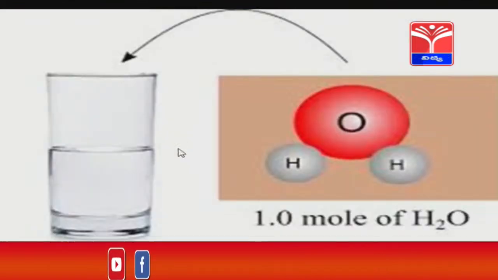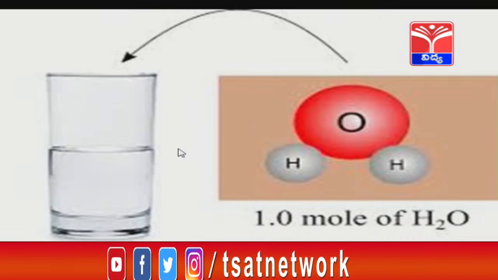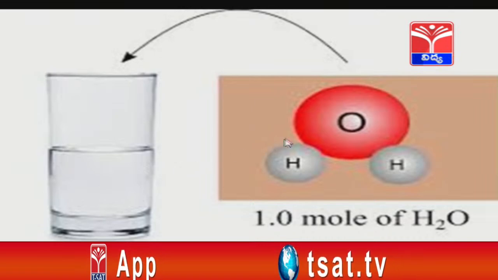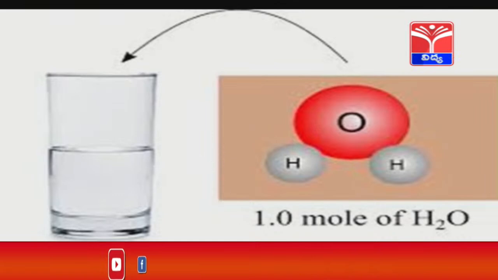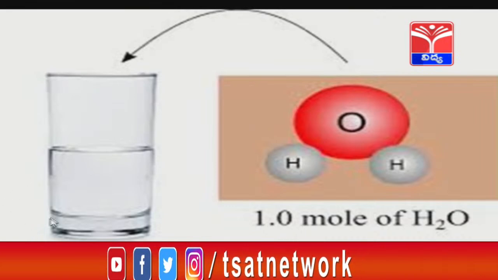So, 1 mole of water molecules is equal to 18 grams of water. What did you understand by this, children? As I told you, 12 grams of carbon 12 contains Avogadro number of carbon 12 atoms. Like that, if you are considering 1 mole of water molecules, what is the molecular mass of that water molecule, children? It is equal to 18 grams.